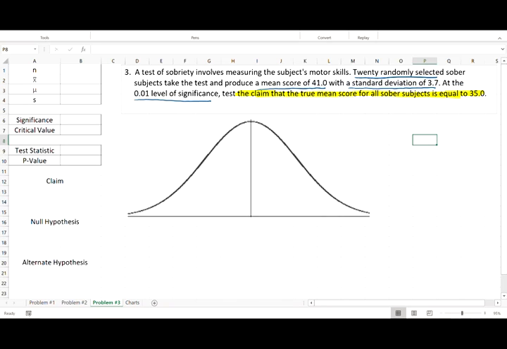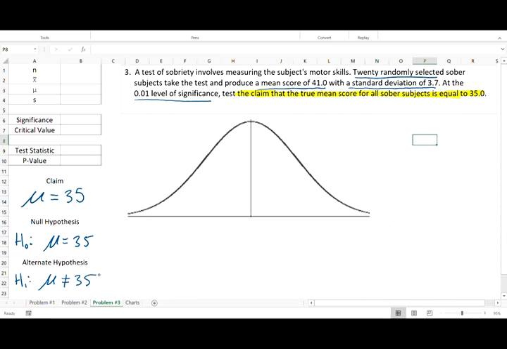Okay, so again, we start with the claim. The claim is that the mean of all sober subjects, the population mean, is equal to 35. Our null hypothesis is always a statement of equality. And if the original claim is equal to, then the alternate hypothesis would be not equal to.